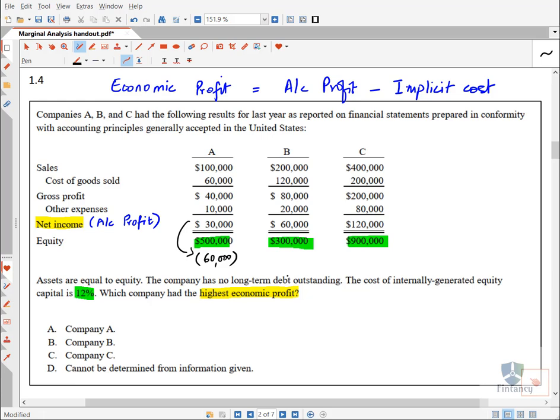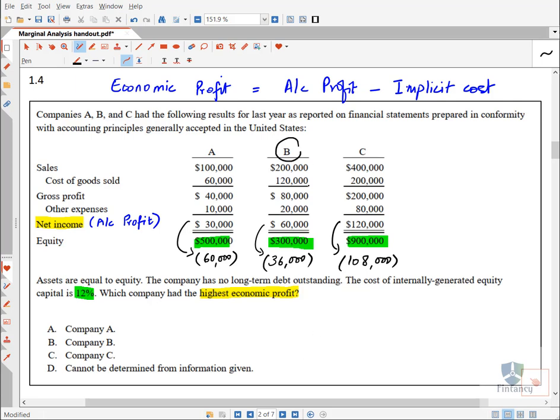If you multiply that with 12%, you will get 36,000. So 36,000 you need to deduct from 60,000. And finally 900,000, if you multiply with 12%, you get 108,000, and again you have to deduct this from 120,000. Accordingly you are going to get three figures and you need to select the highest one, which is company B.